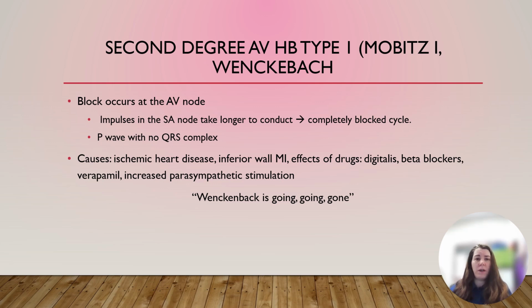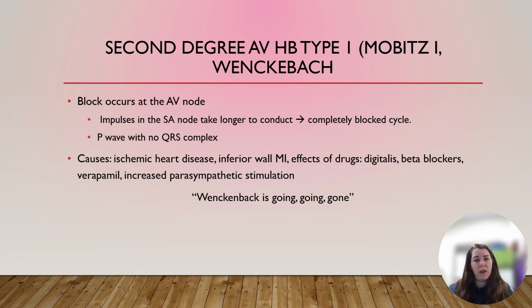So when we break them down even further, our second degree AV heart block type 1 or Mobitz 1, also known as Wenckebach, this is where the block occurs at the AV node, and your impulses from the SA node take longer to conduct, which results in a completely blocked cycle.